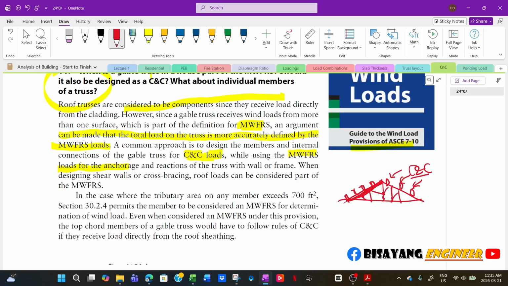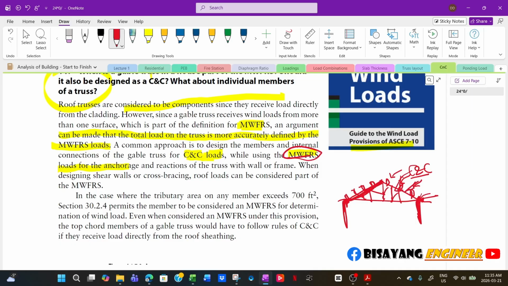But when you design for the anchorage, how you transfer the load to the supporting element, either beam and column, or when calculating the lateral load contributed from your roof, then you have to use the MWFRS.